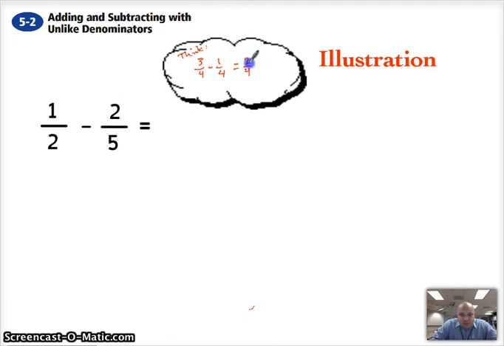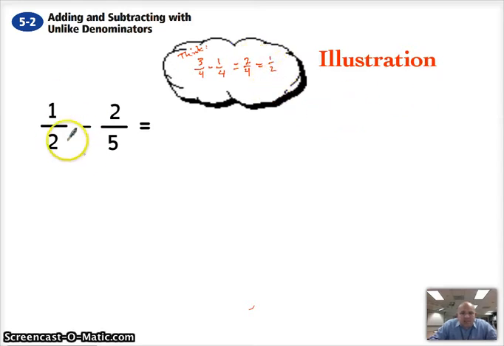So we had 2/4. Of course, we have to simplify this because we always simplify. Divide top and bottom by 2, and we get 1/2.